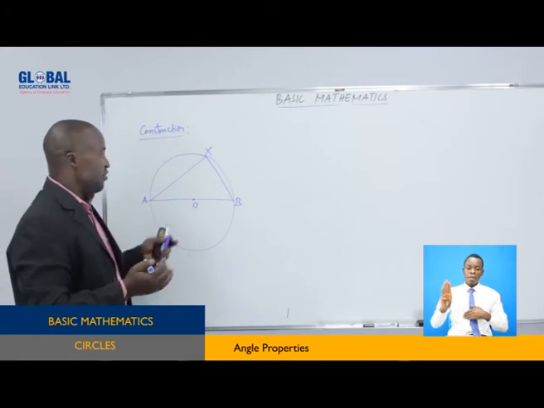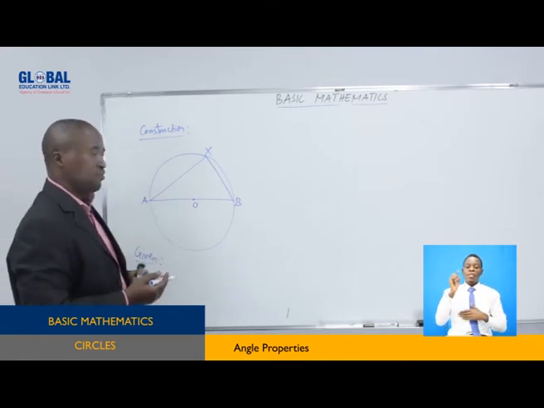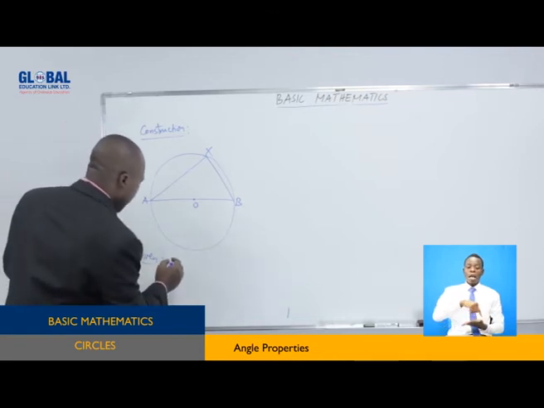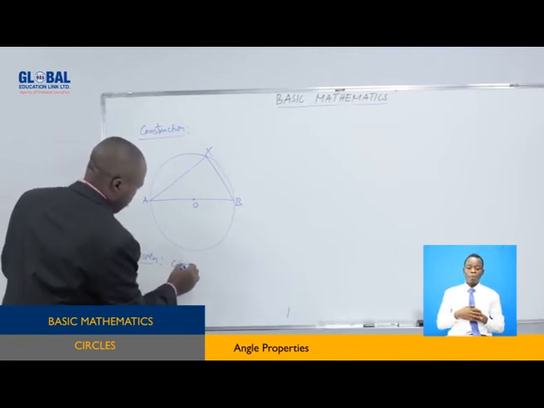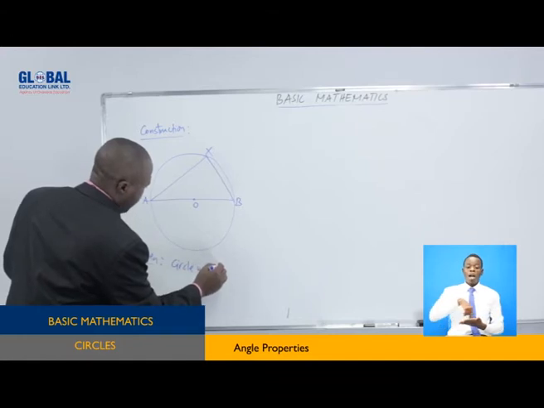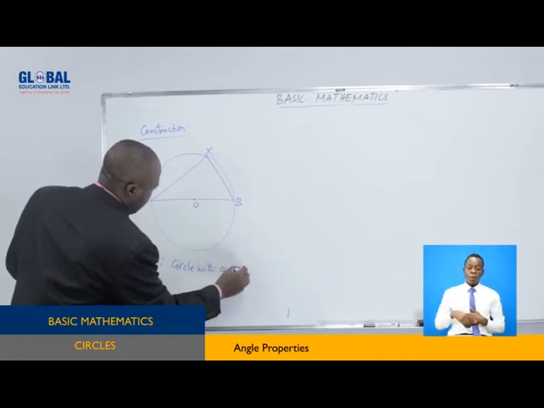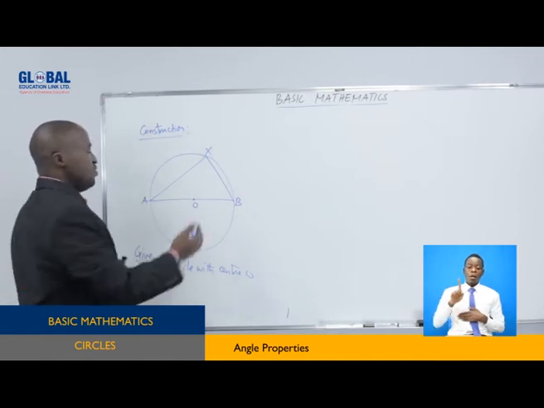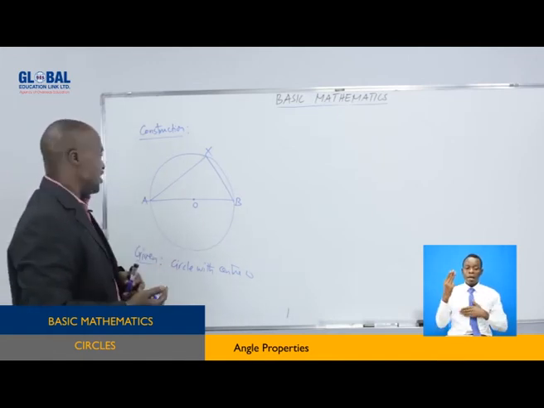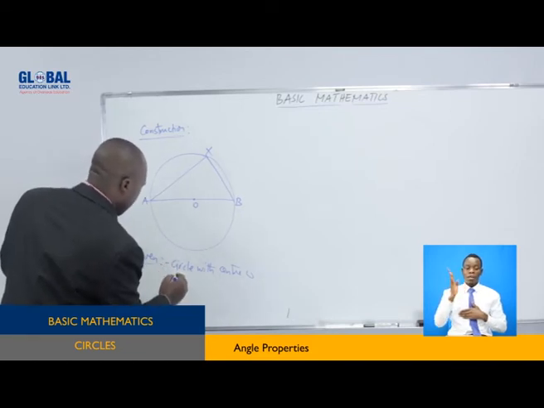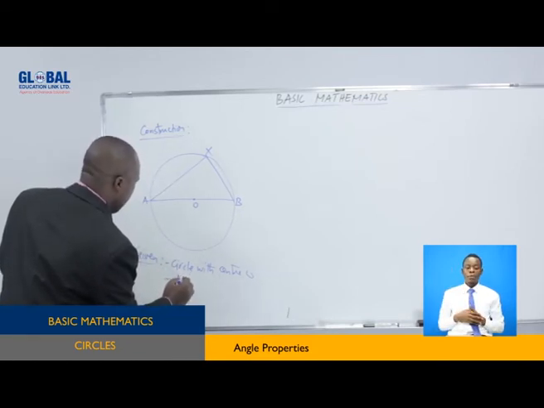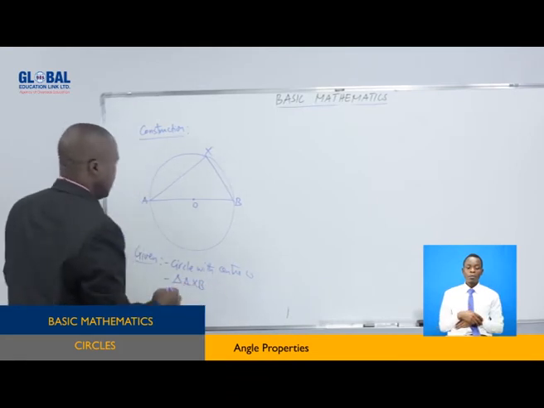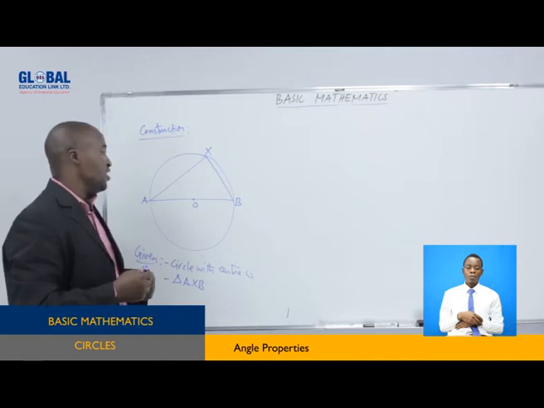Now students, consider a circle with the center O. Now in this circle, we say given we have a circle with center O. And again we have a triangle AXB inscribed in this circle. So again here we have a triangle AXB that is inscribed in the circle.